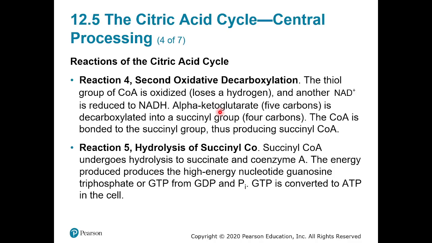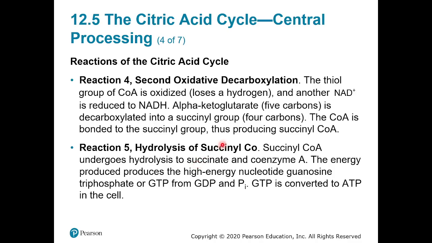This succinyl group is actually going to be attached to a coenzyme A. That's why it's succinyl instead of succinate. And so that coenzyme A will be bonded to the succinyl group, and you'll have succinyl-CoA that you get out of this. And notice again, this is another step where you're going to reduce that NAD plus to NADH. And so you're harvesting that energy in the form of NADH.